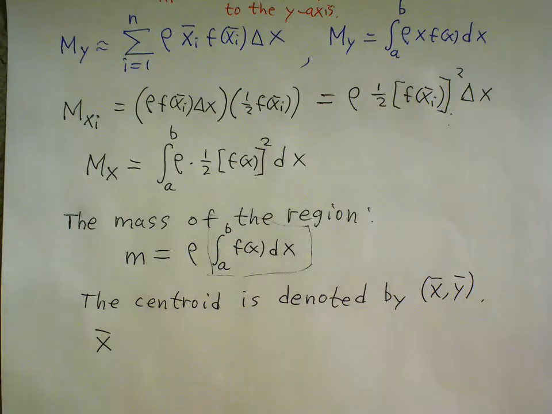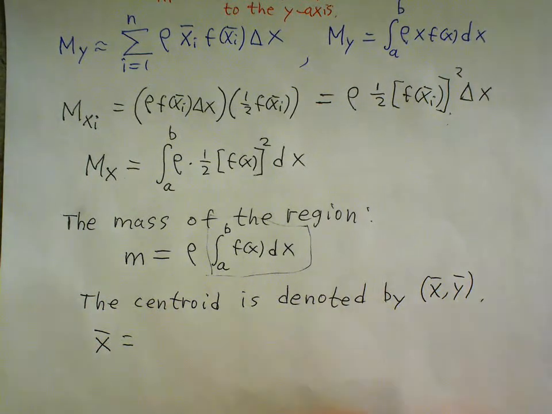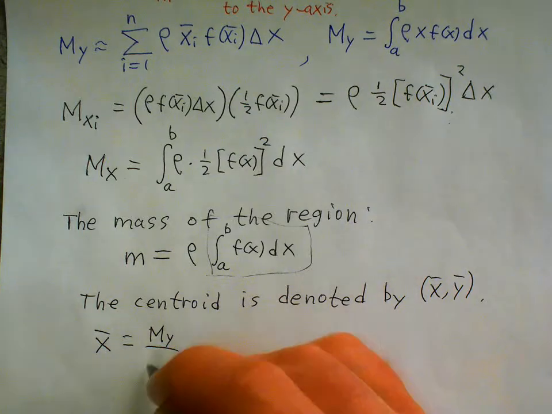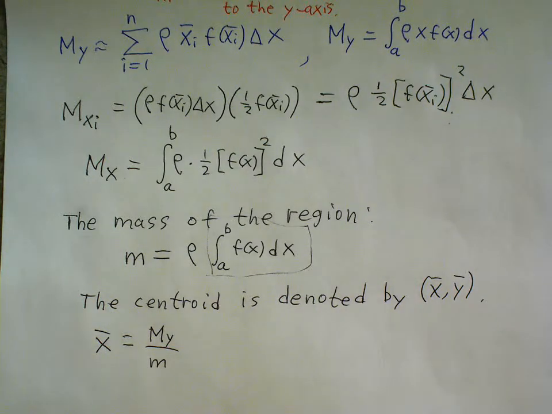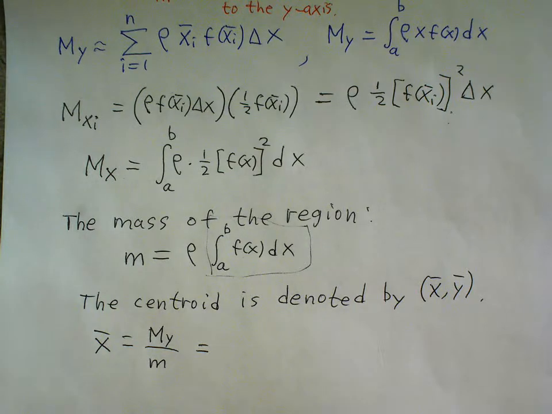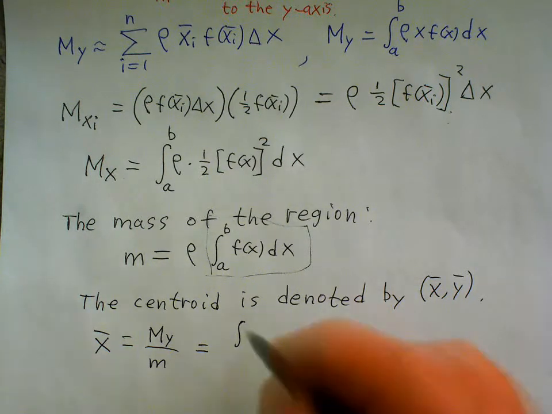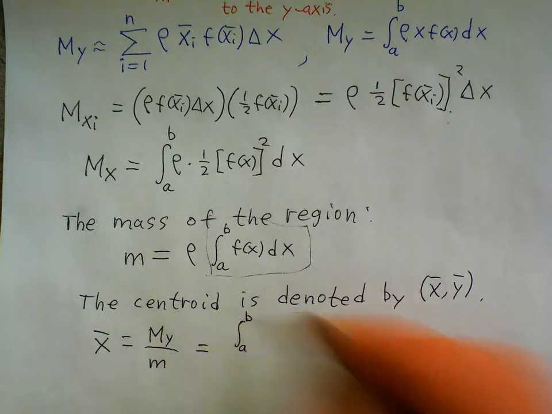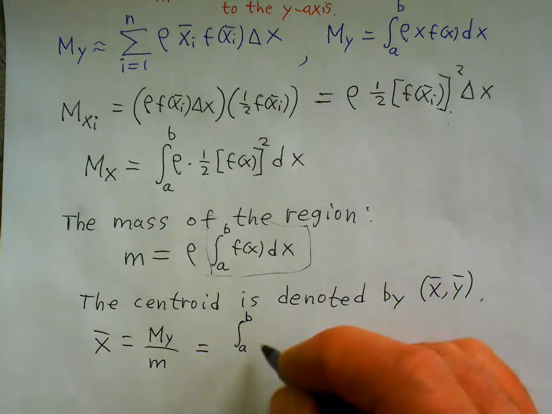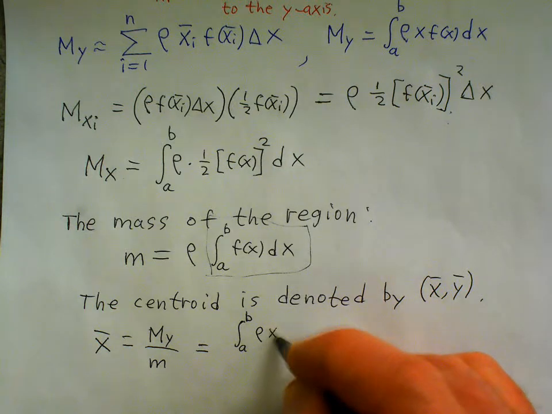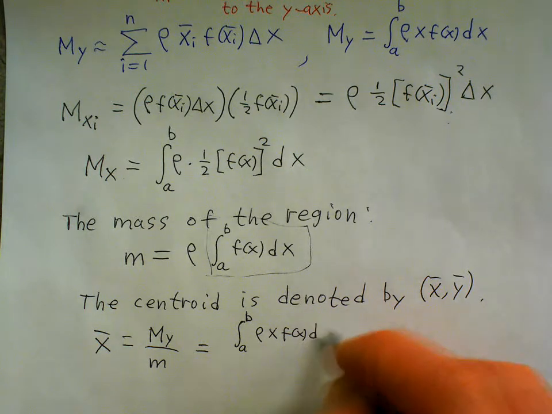The x-coordinate of the centroid is the moment of the region about the y-axis divided by the mass. In the numerator, it's the definite integral from x equals a to x equals b of rho times x times f of x dx.